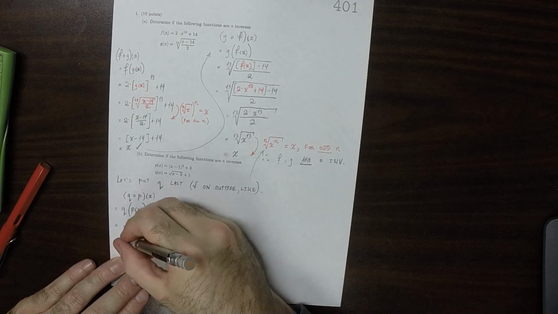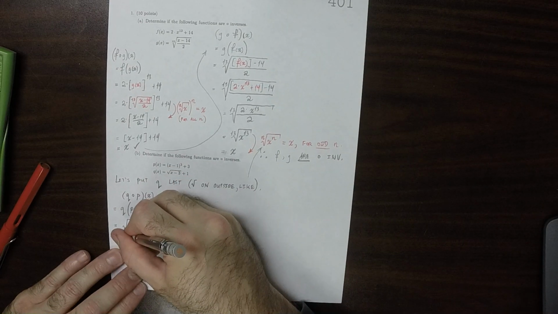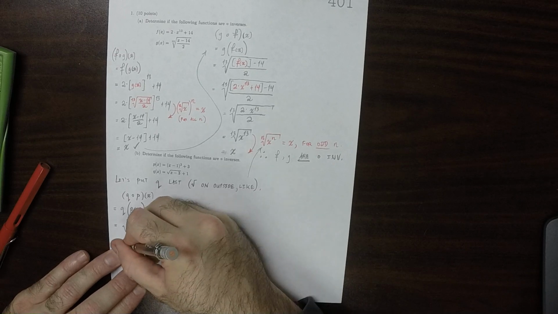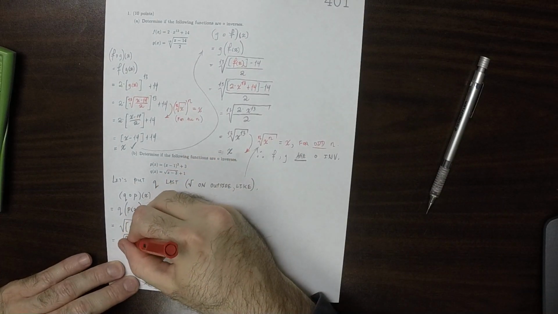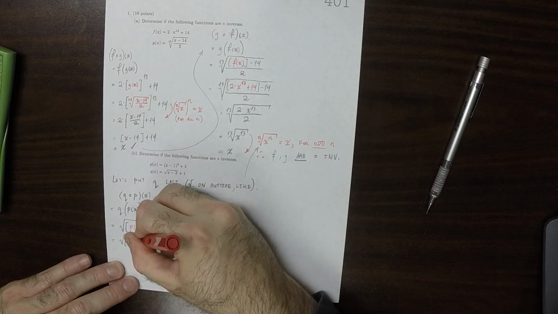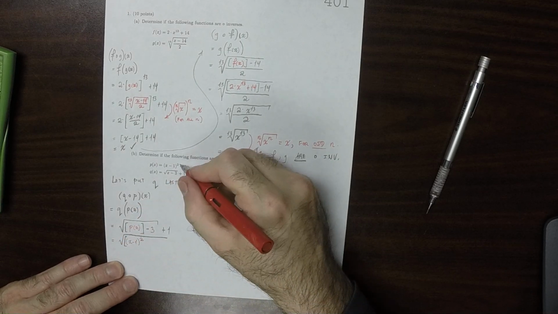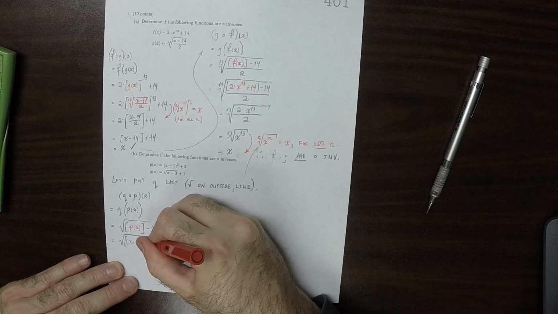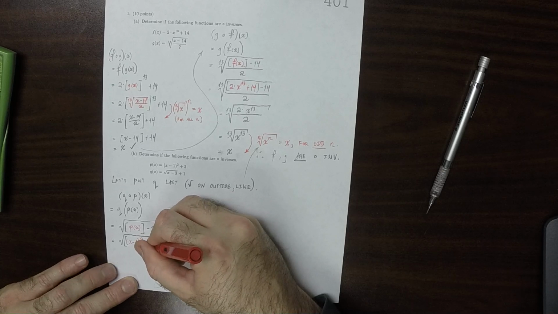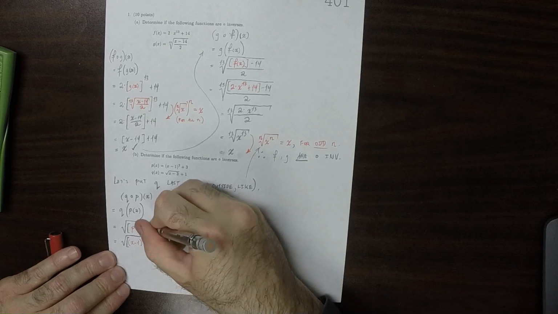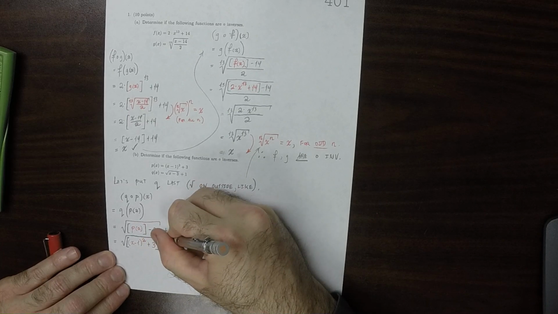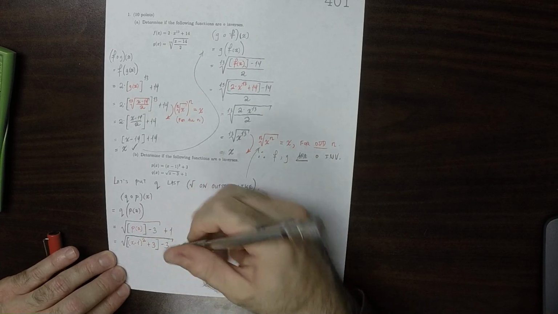So now filling in what p does, that will be square root of, now p does x minus 1, all that squared. We'll add 3. Okay, so that's what p does. And then there's that subtract 3, the end of the radical, and then add 1.